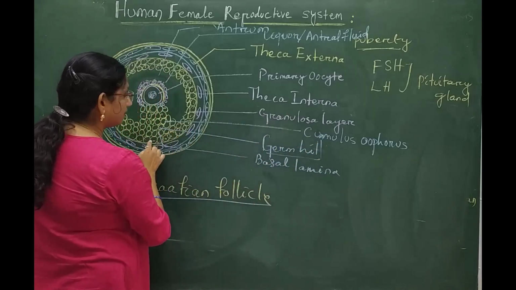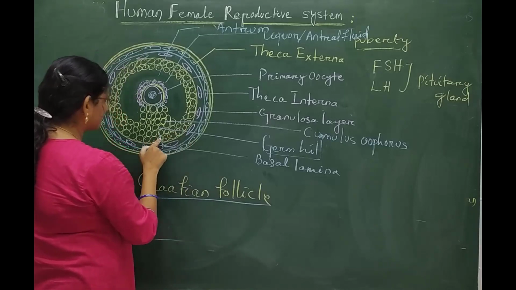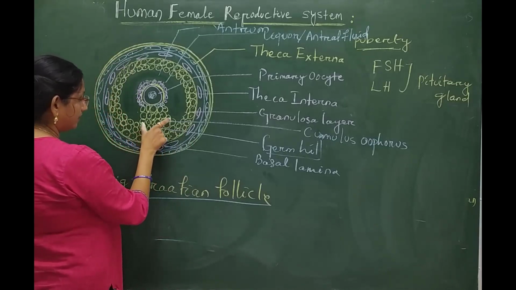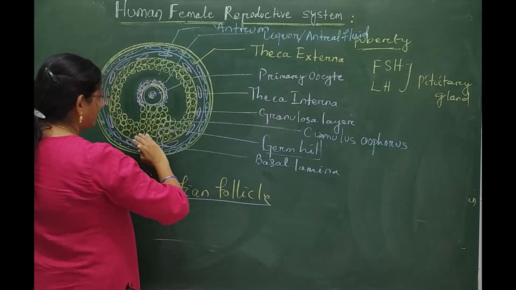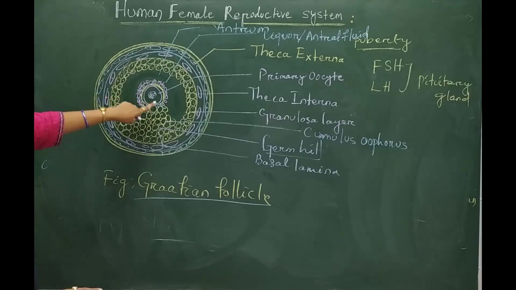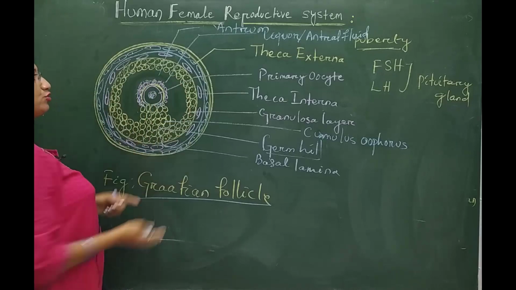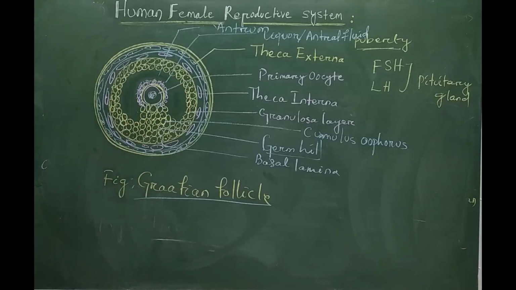The basal lamina connects to the granulosa layer base, and this total structure present over a germ basal lamina makes a germ hill. This germ hill touches the primary oocyte by the help of the cumulus oophorus, and this makes a structure of the Graafian follicle.